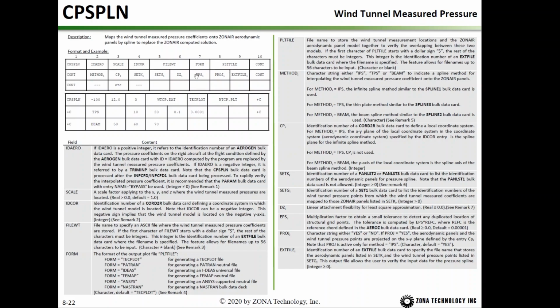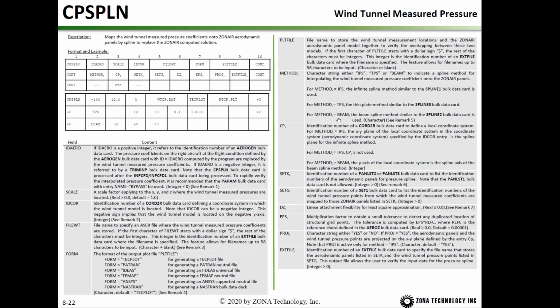On each line, you specify a method. The method can be IPS for infinite plate spline, TPS for thin plate spline, which is a 3D spline, or BEAM for a beam spline. Then this ID is the ID of a coordinate card. If you use infinite plate spline, you need to specify a spline plane, which is defined by the XY plane of this coordinate card.